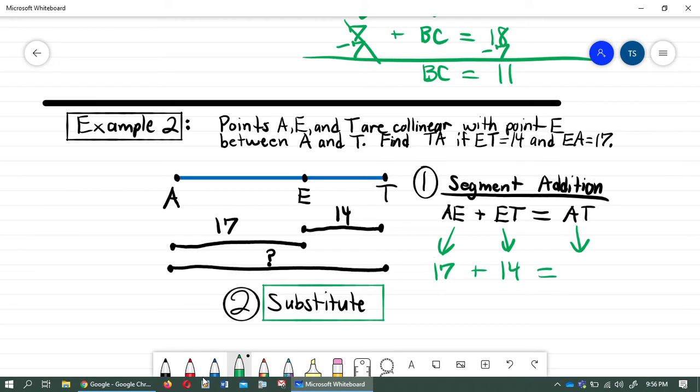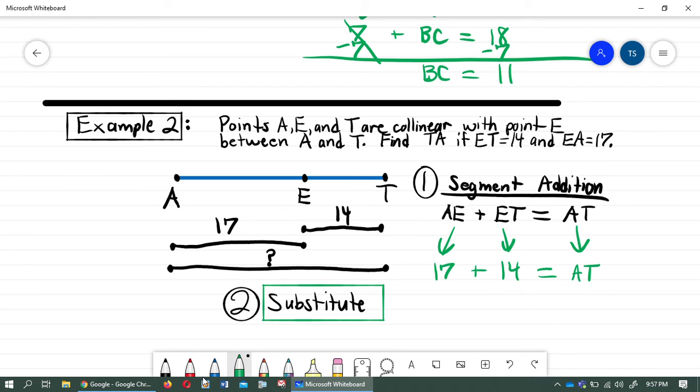And of course, guys, if we're trying to find TA, which is the same thing as AT, you can leave that written as AT, or you can put a question mark, or you can put a variable like X in its place as an unknown value. But again, it's just as easy to leave this as AT, which represents the length of segment AT. All right, so guys, this is really easy here.